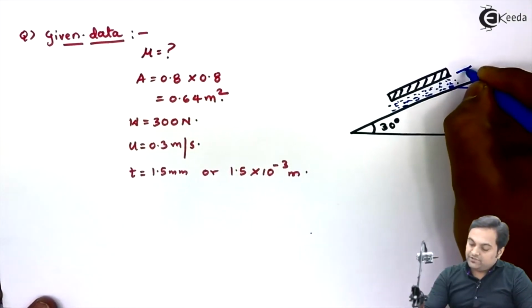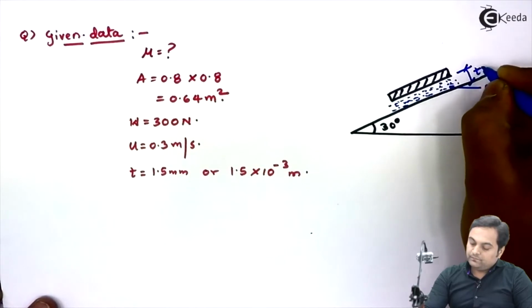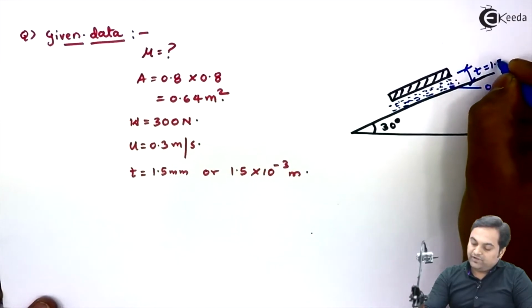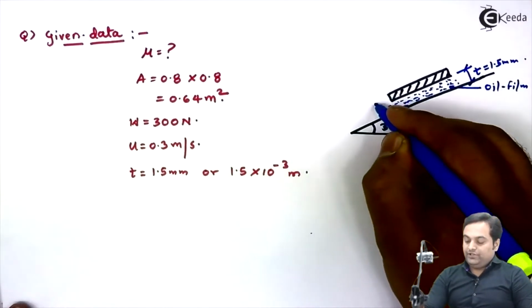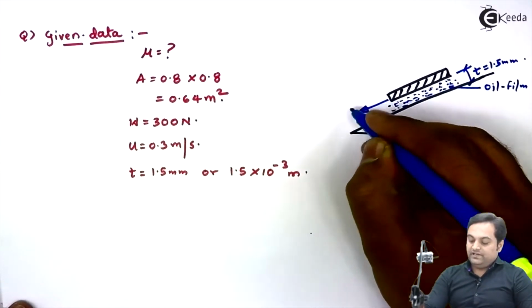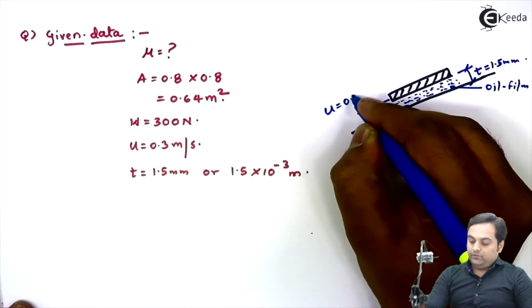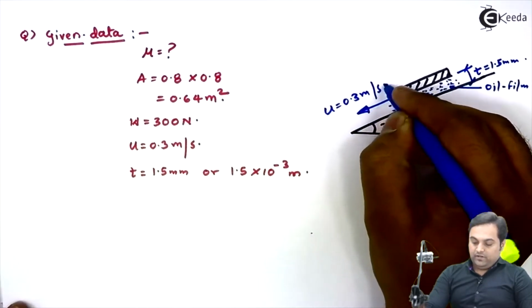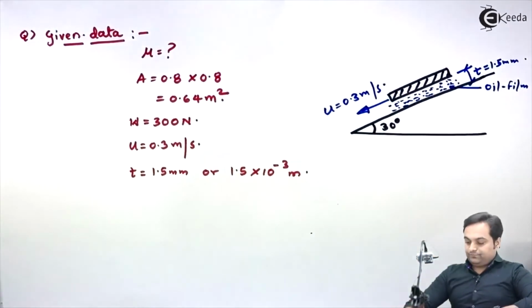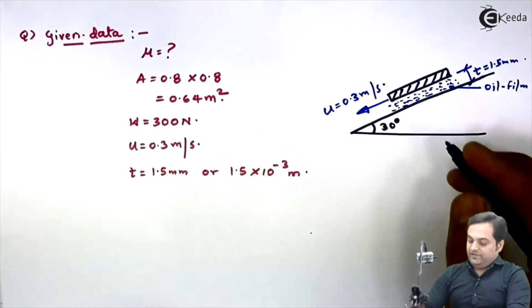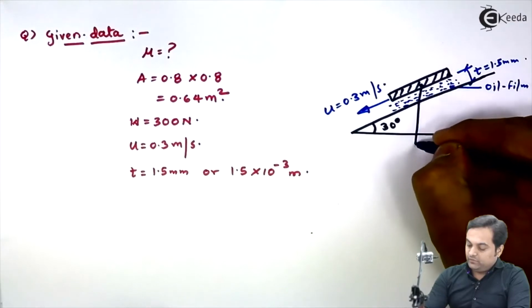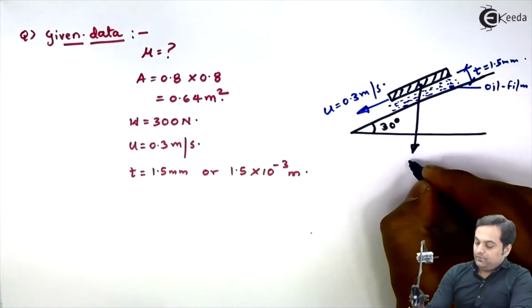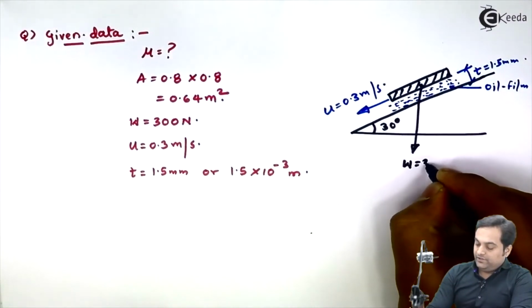Thickness of this oil film is given, T is equal to 1.5 mm. Now the velocity of the plate which is sliding down, U is equal to 0.3 meter per second. Next, the weight of the plate is given. Weight would be acting in the downward direction. W is equal to 300 Newton.